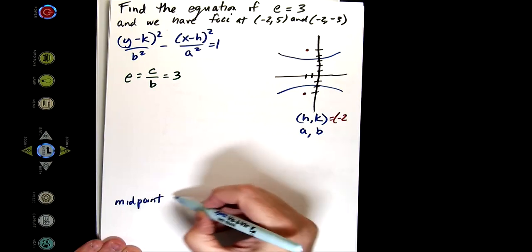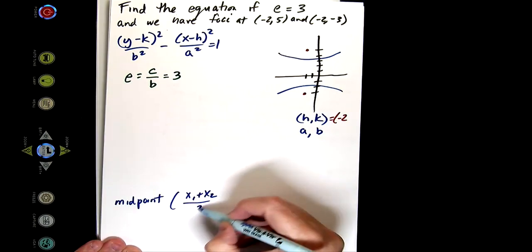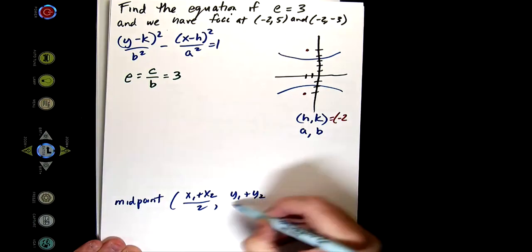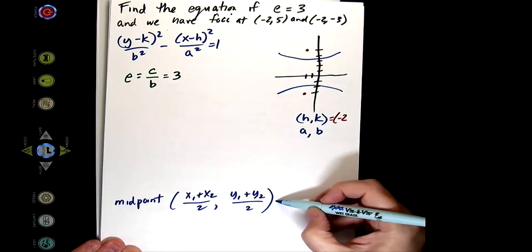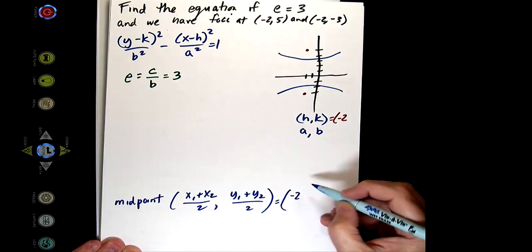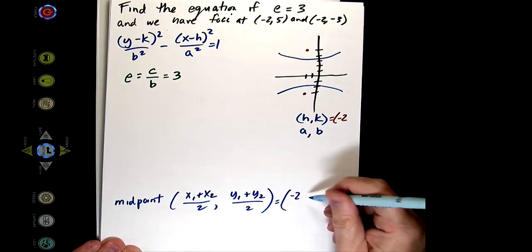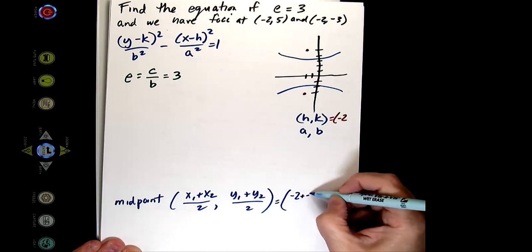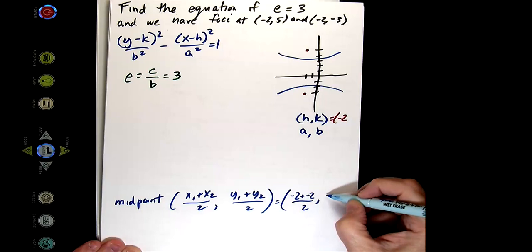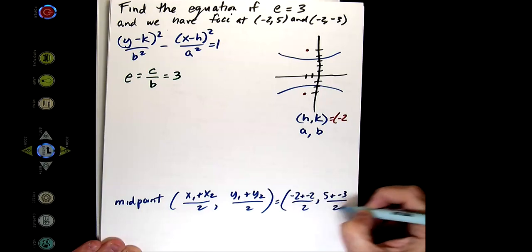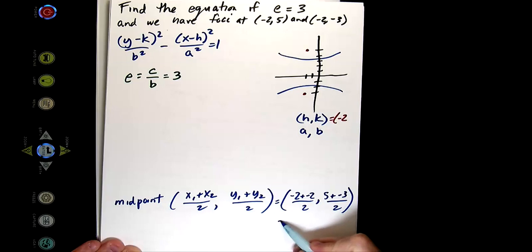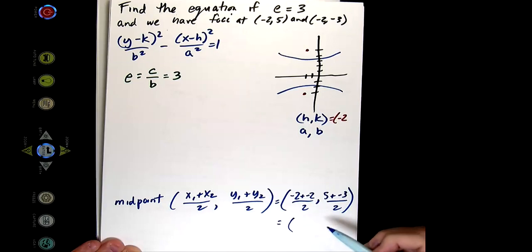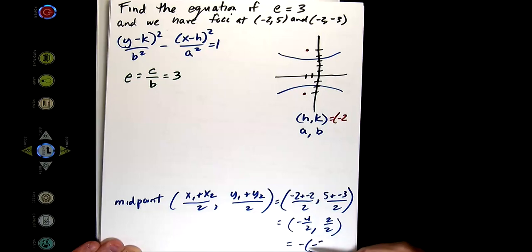Midpoint is x1 plus x2 over 2, y1 plus y2 over 2. So -4/2 and 2/2, which is -2, 1.